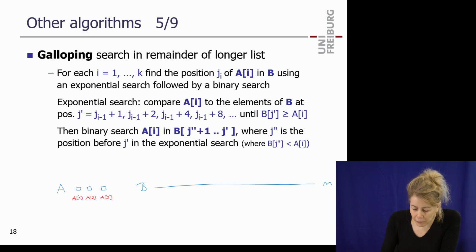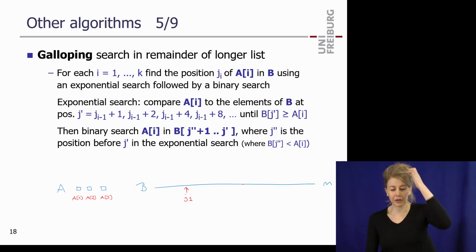And let's assume I've already located, let me draw the picture, maybe I've already located my A1 here. It's here, J1, and now I know that my J2 is somewhere in the remaining part. So A2 will now be somewhere to the right of A1.